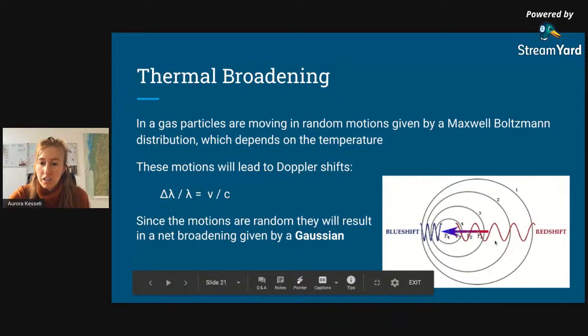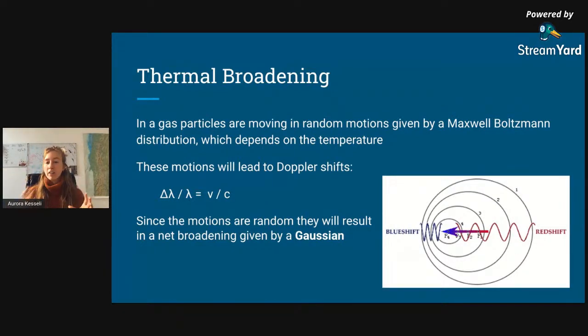So that's what's showing here. Red shift is for something that's moving away from you, and blue shift is for something that's moving towards you. So together, combining the shifts from thousands, millions of molecules, and each of them has a random motion, you're going to get an overall broadening effect. And the broadening effect for thermal broadening is given by a Gaussian.